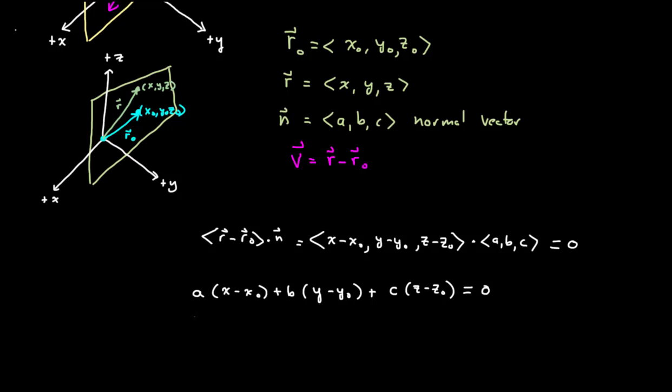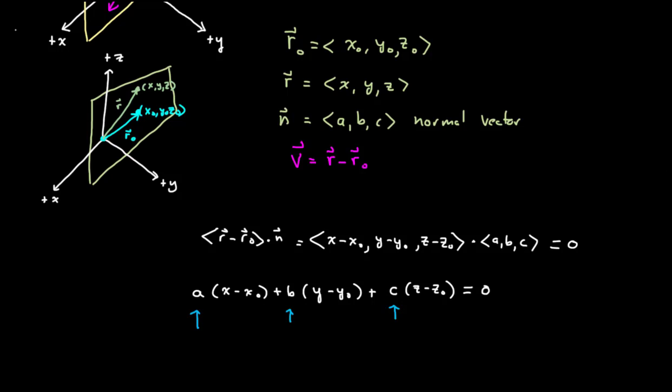An equation of this form will tell us we have a plane, but it also tells us that the coefficients a, b, and c are the components of the normal vector. And from last year, post AP, we talked about how to get a normal vector, and of course that is the cross product of any two vectors in the plane.